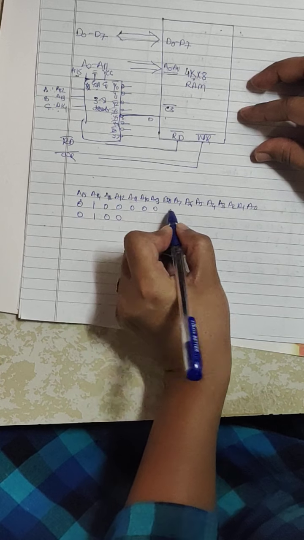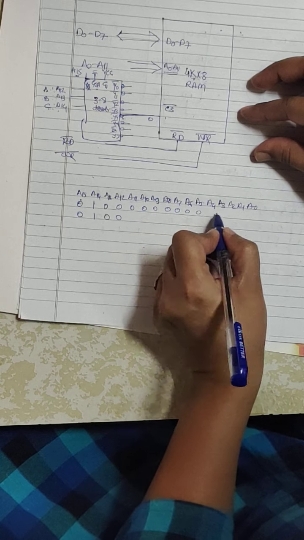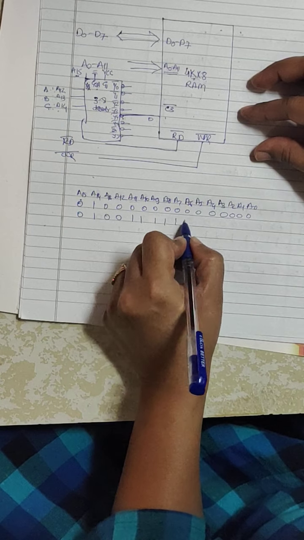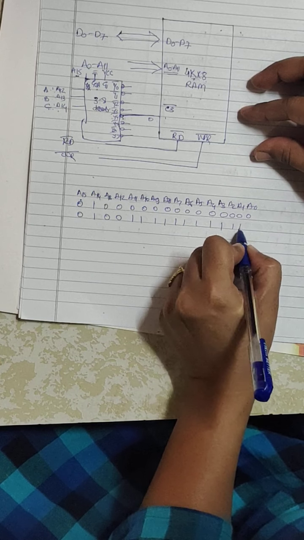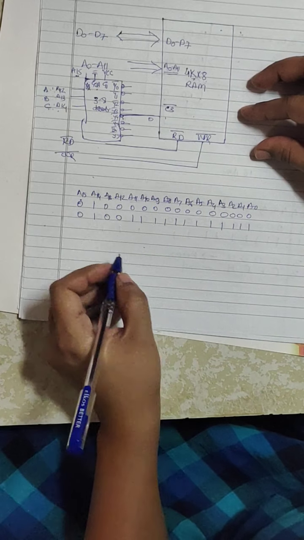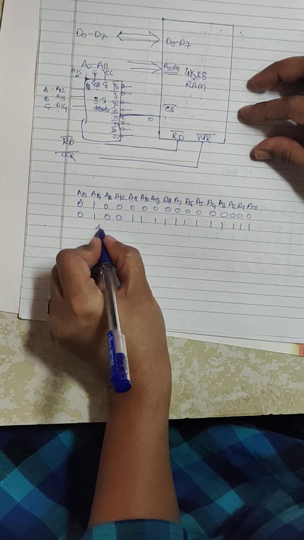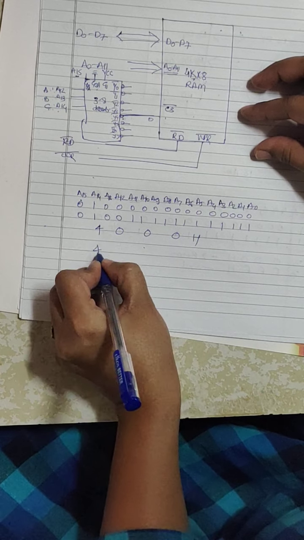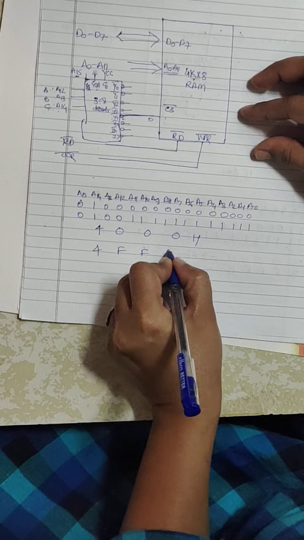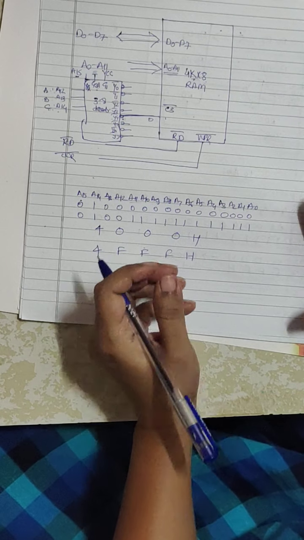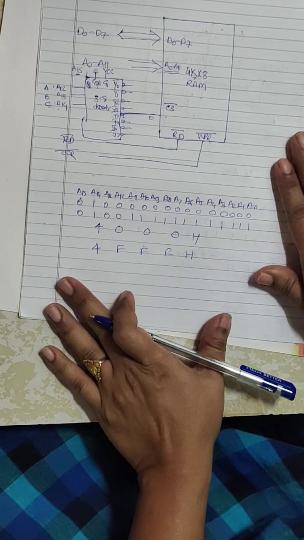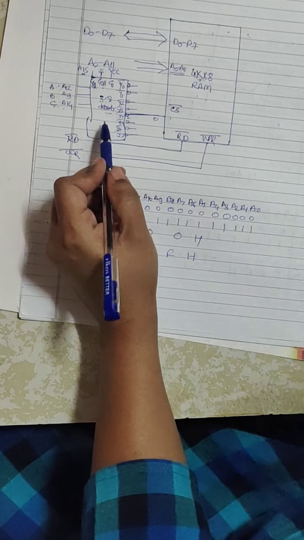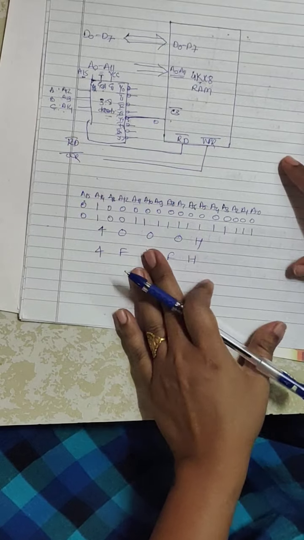So for the starting address all must be 0 and for the end address all pins will be 1. So what is the address range? It becomes 4000H to 4FFFH.